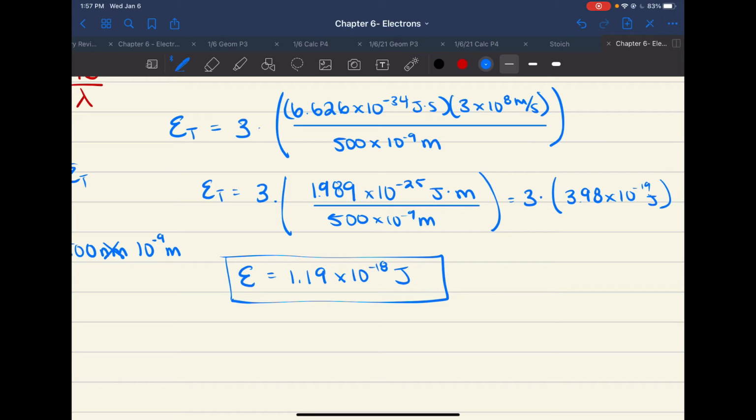So the energy is equal to 1.19 times 10 to the negative 18 joules, it should be incredibly small. We're talking about 3 photons, right? When you turn on your computer screen or a flashlight or your phone's flashlight, you are emitting billions and billions of photons at a time. And if you shine that on your skin, nothing really happens. It's not that high of energy.